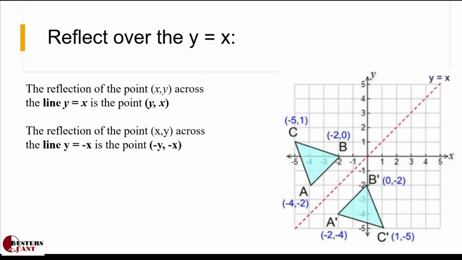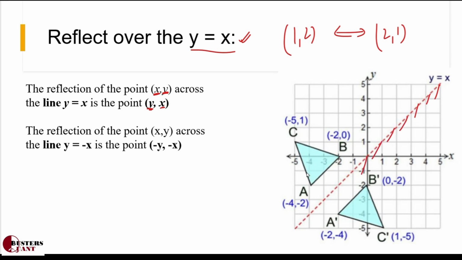Similarly, now the reflection over y equal to x. Y equal to x means there is an interchange. Initially which was the y coordinate is now x, and which was the x coordinate is now y. For example, 1 comma 2, after reflection, will become 2 comma 1 if I take this as the mirror, y equal to x.